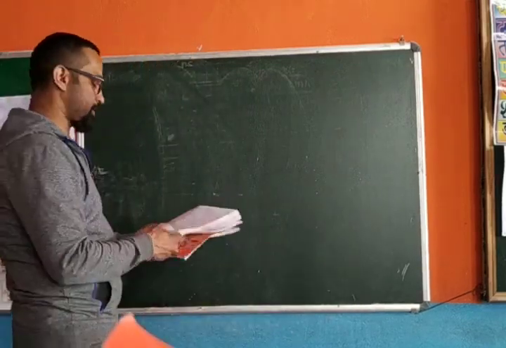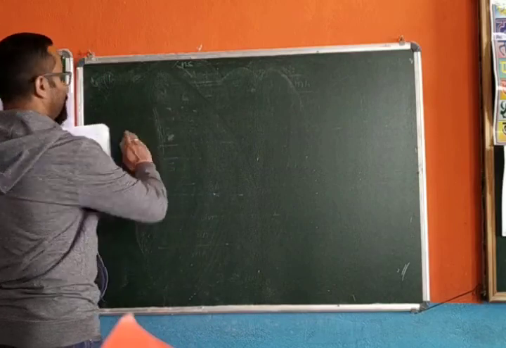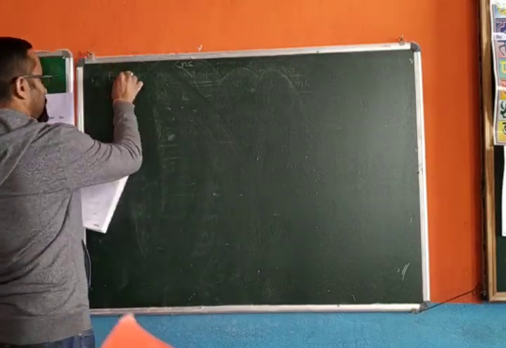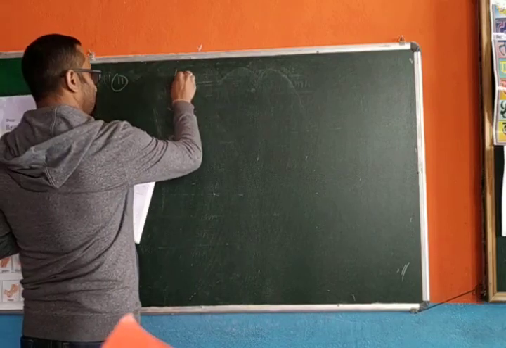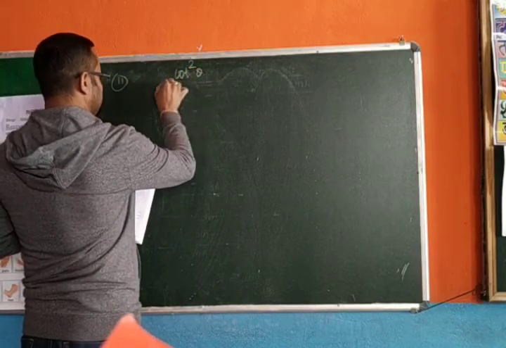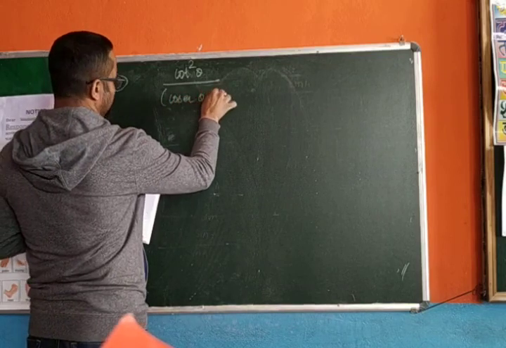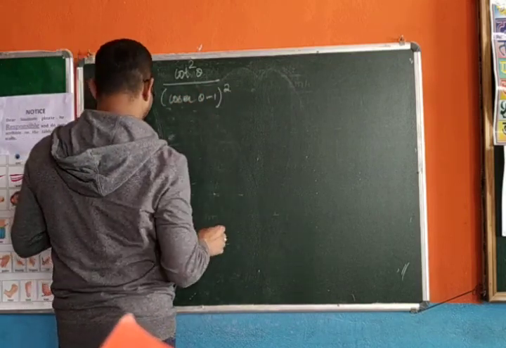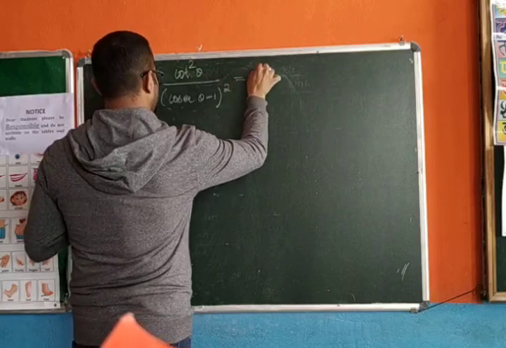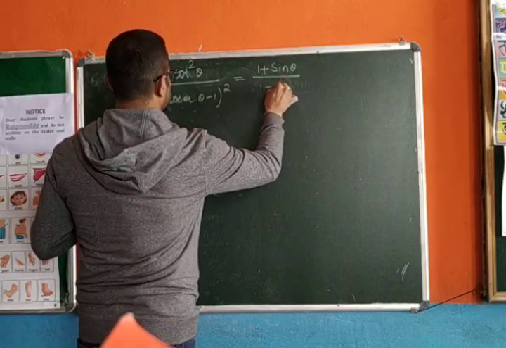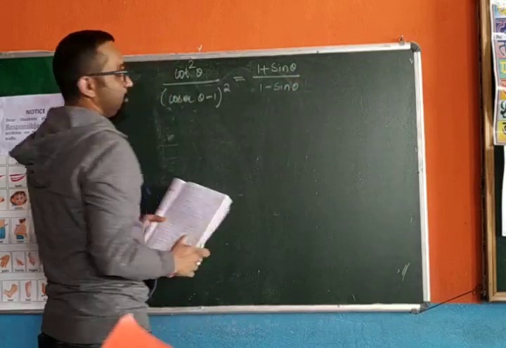I'll do a similar sum, and you can try question number 12 too from the exercise. It is cos squared theta divided by cosec theta minus 1 whole squared equal to 1 plus sin theta over 1 minus sin theta. Look at this question now.